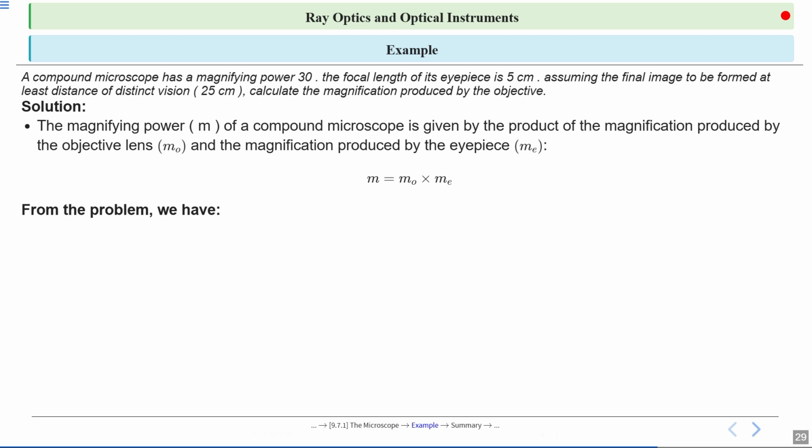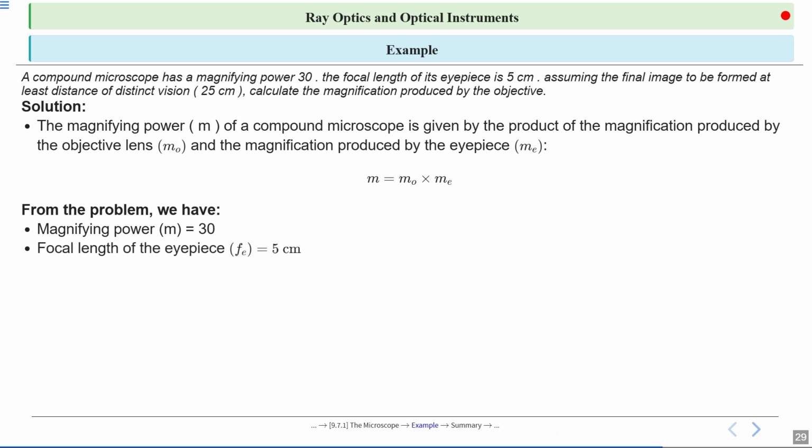Now let's identify the values given in the problem. We know that the total magnifying power is 30. This is the combined effect of both lenses, and we will use this information to find the magnification of the objective lens. The magnifying power denoted as m is given as 30. This is a key piece of information that we will use to calculate the unknown magnification of the objective lens.